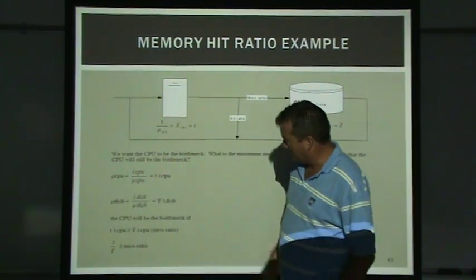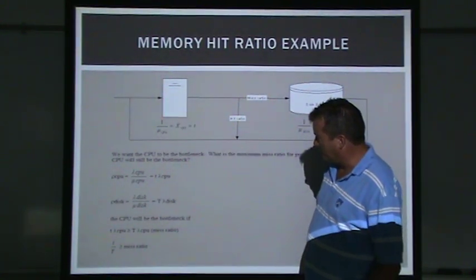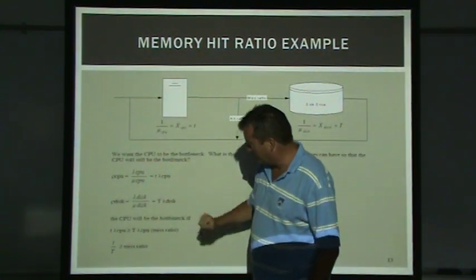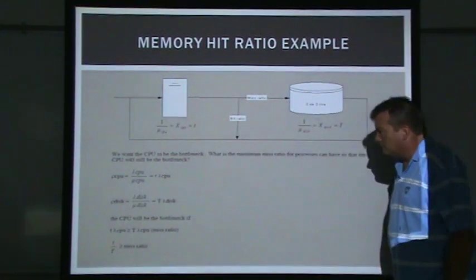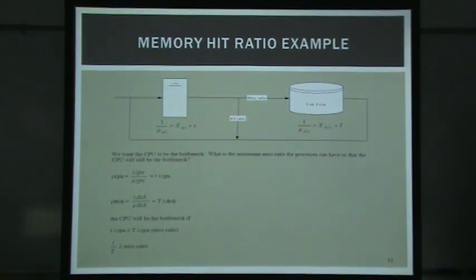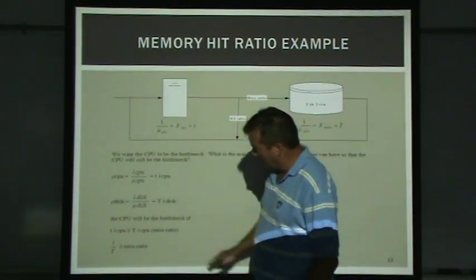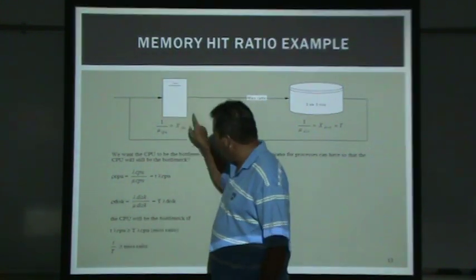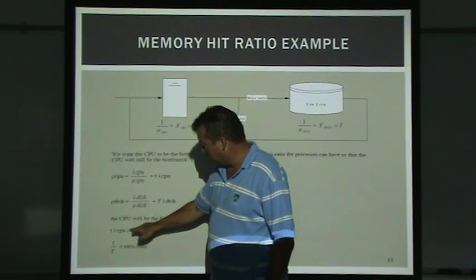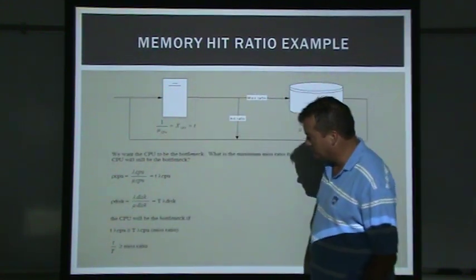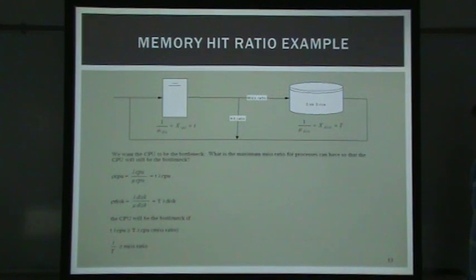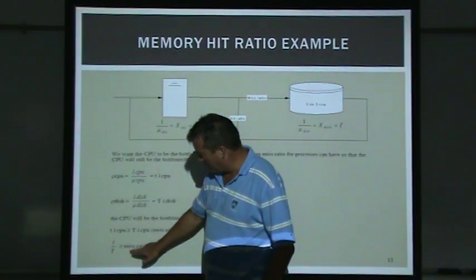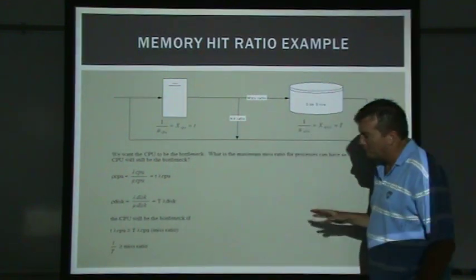So that's the small t and big T. And then the CPU will be the bottleneck if small t, the amount of time it takes to process an instruction out of memory, times the rate into the CPU, is greater than or equal to big T times the miss ratio. So what we want is the ratio of small t to big T to be greater than or equal to the miss ratio.